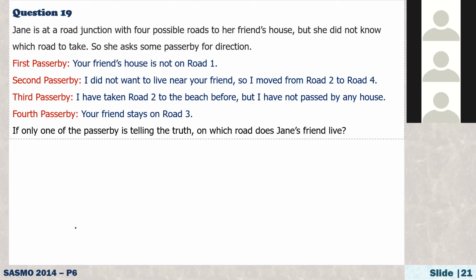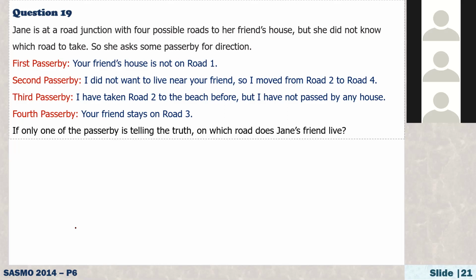Your friend's house isn't on road 1. I didn't want to live near your friend, so I moved from road 2 to road 4. I have taken road 2 to the beach before, but I haven't passed by any house. Your friend stays on road 3. If only one of the passersby is telling the truth, on which road does Jane's friend live?